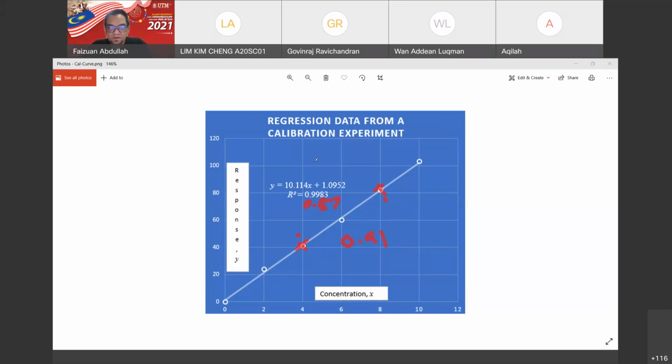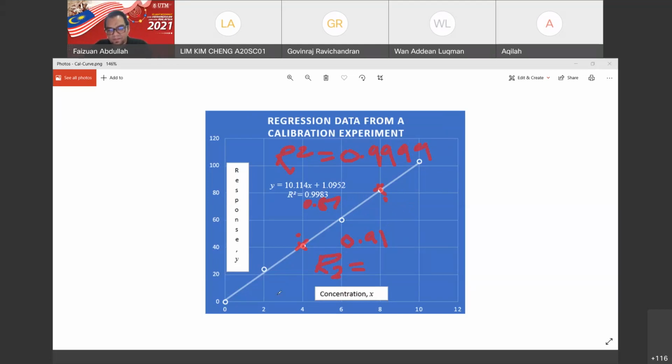So the perfect one would be an R square value of 0.9999 and more 9s. But for analytical science, it is acceptable, with less error in preparing.